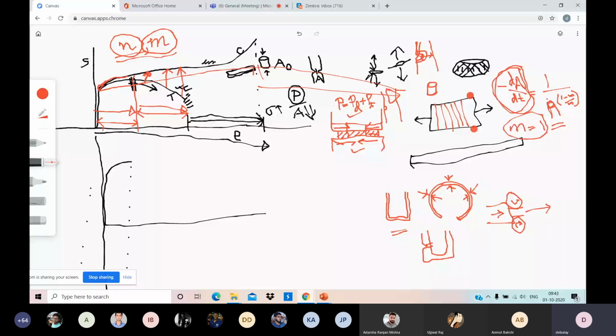But in tension, friction is not that much because the majority of the metal piece, the gauge, is not under friction. Only the grip is tightly held. Some amount of friction is there at the grip, but the gauge region is free flowing. Isn't it?